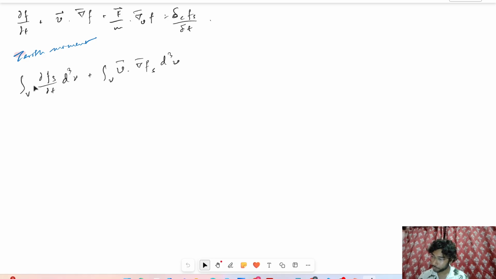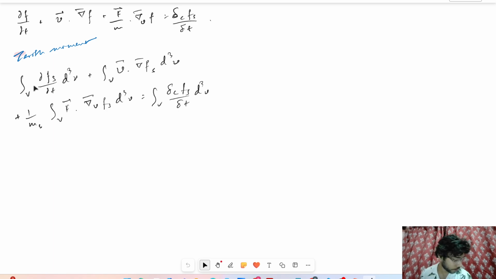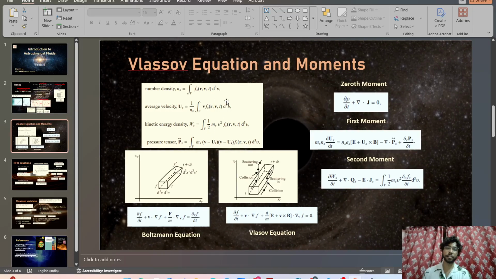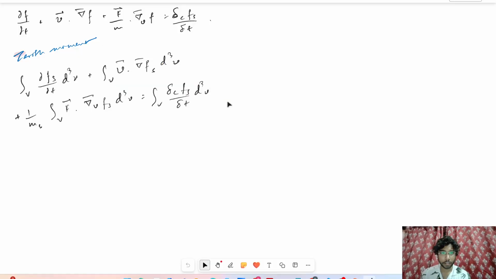Plus 1 by m_s F dot del_v f_s. If you remember the original definitions we were discussing in the slide, we'll use these definitions of n_s, u_s, W_s, P_s.